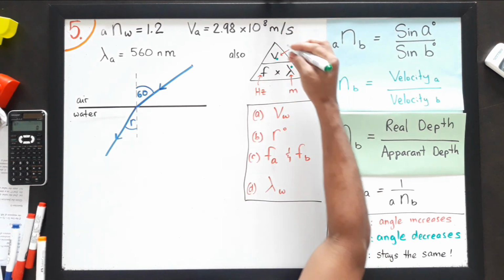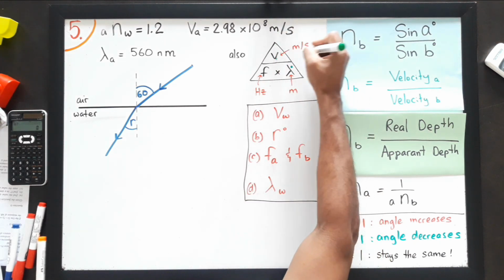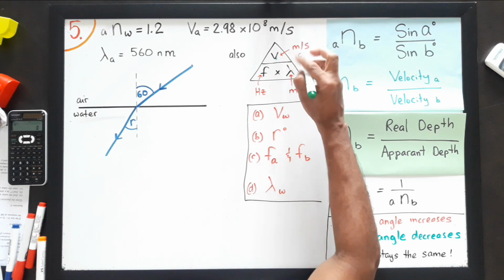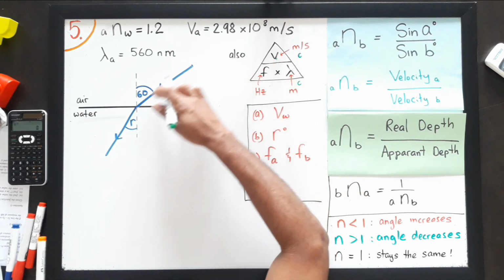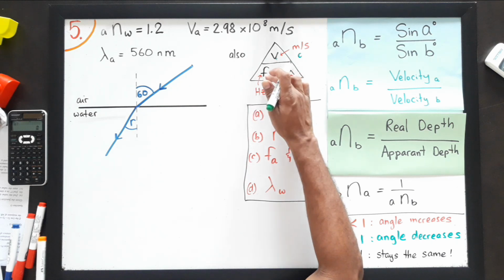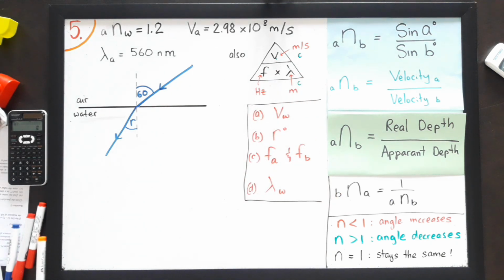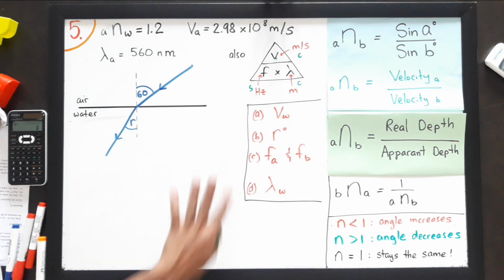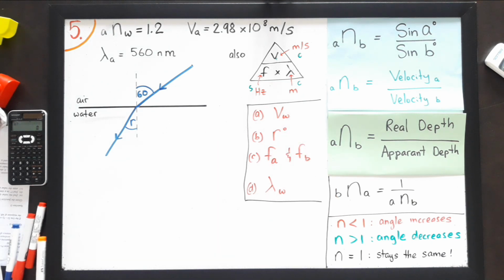So these two guys can change. So I'll put a little C here to remind you that it can change. But when it's going from one substance to the next substance, the frequency will remain the same. So I'll put a little S here. Alright? So that's going to be very useful in this question. And so far we haven't really used this formula.